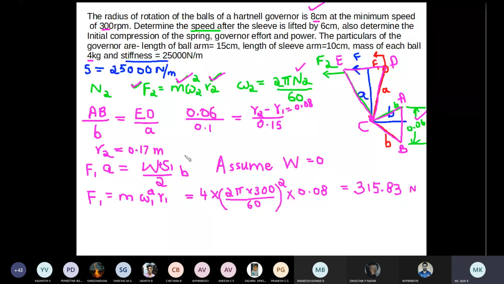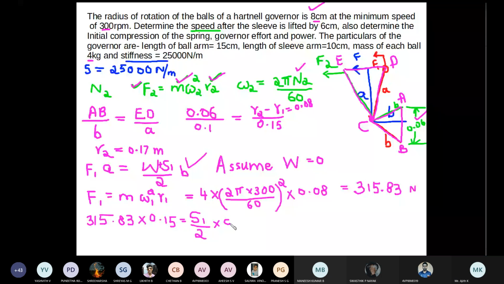This equation will become 315.83 into the value of A, which is 0.15, is equal to W, which is 0, plus S1, which is unknown, divided by 2 into the value of B, which is 0.1.